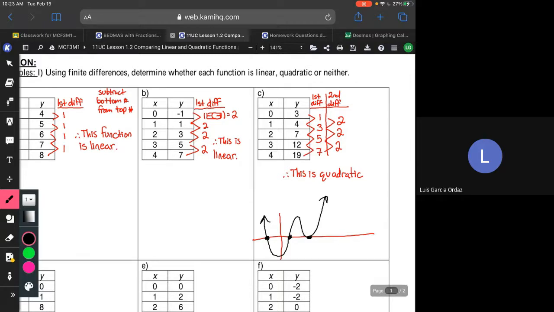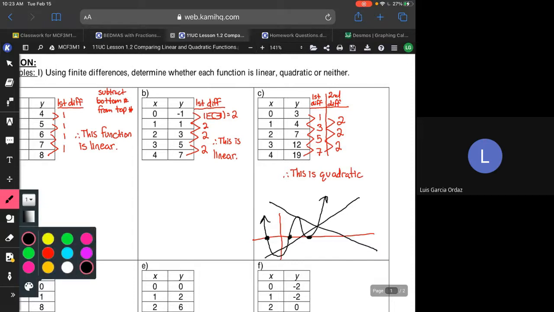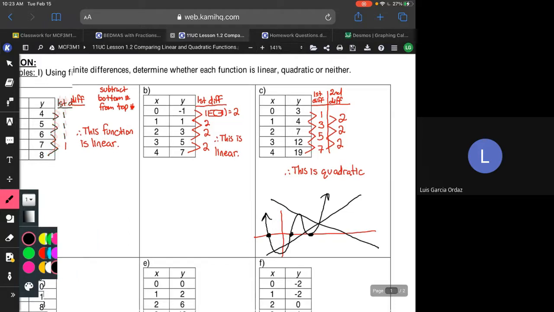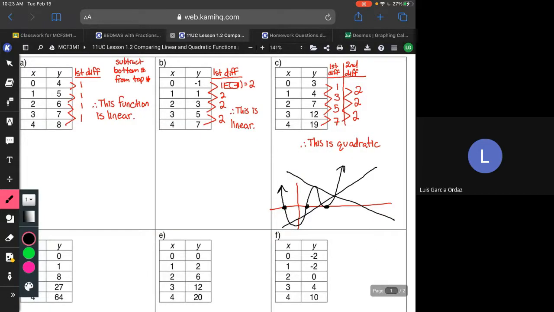This is a function that has a power of 4 to it. So you guys are not doing this. This is for the grade 11 U's next year who plan on taking advanced functions. So you guys don't have to worry about this.